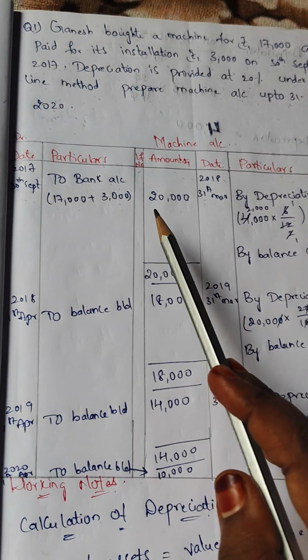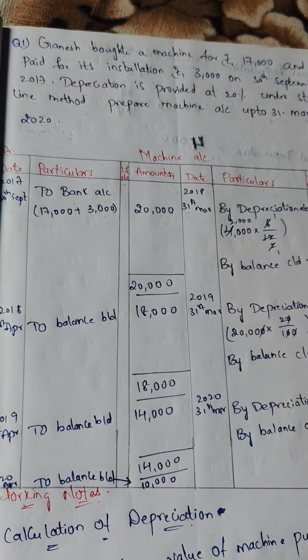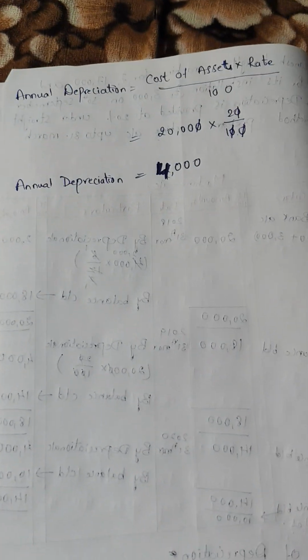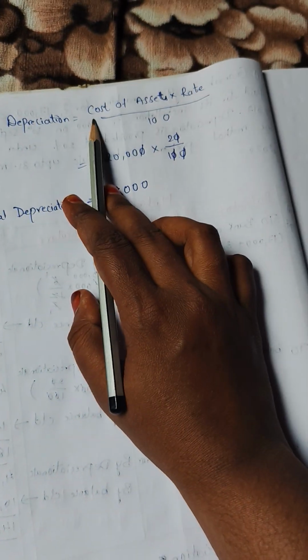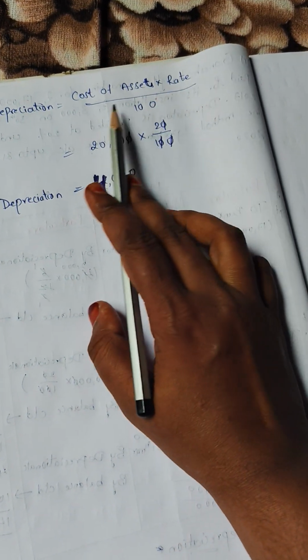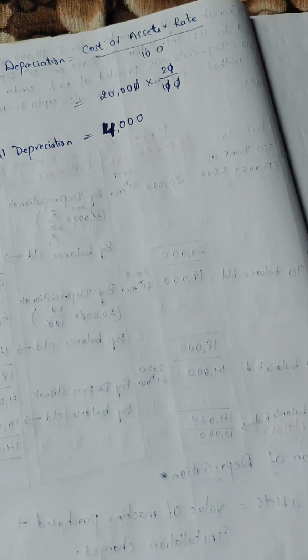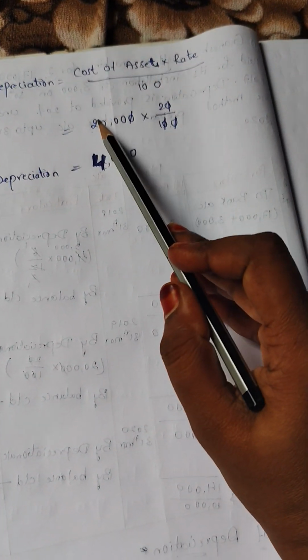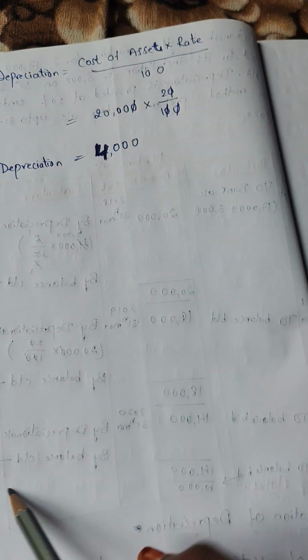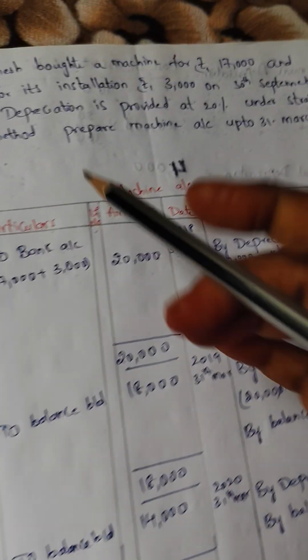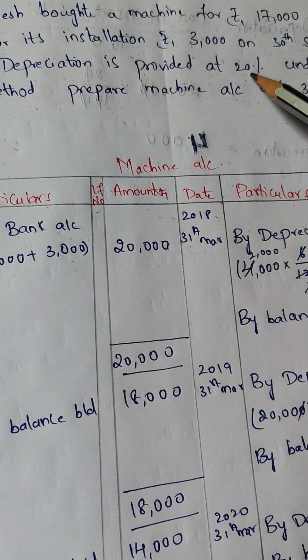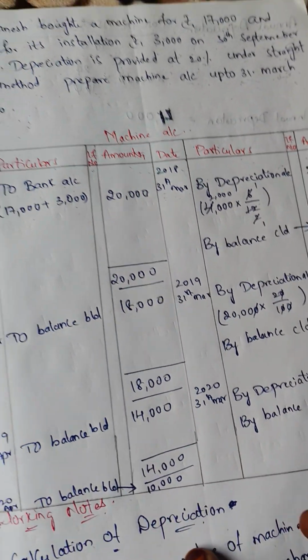Okay, so here see, first we have to calculate the annual depreciation. Annual depreciation is equal to cost of assets into rate divided by 100. Here cost of assets we got is 20,000, and the rate is also there in the question. The rate of depreciation is 20%.